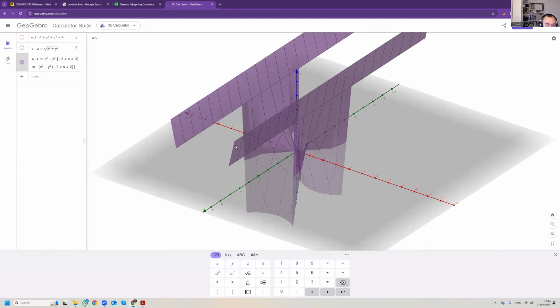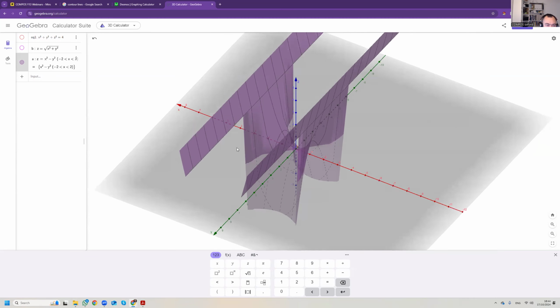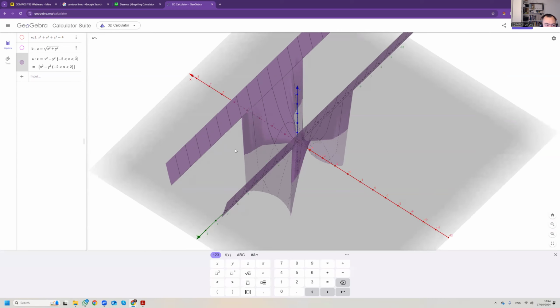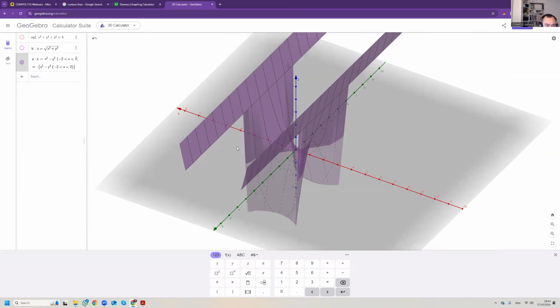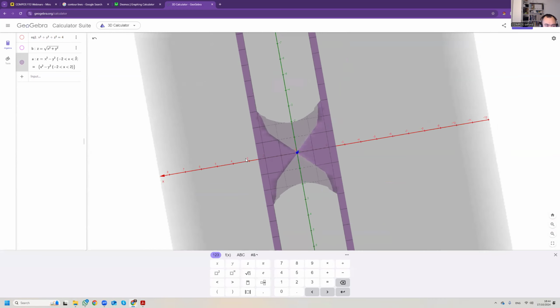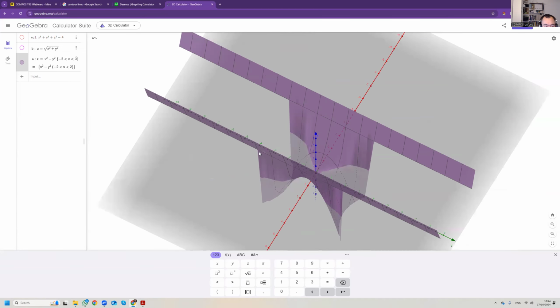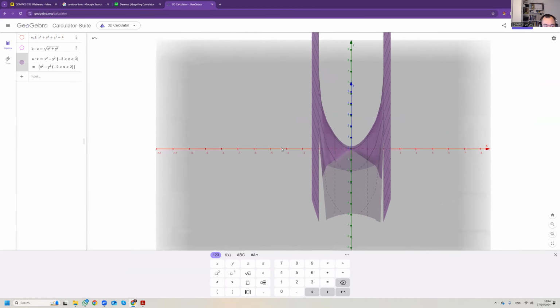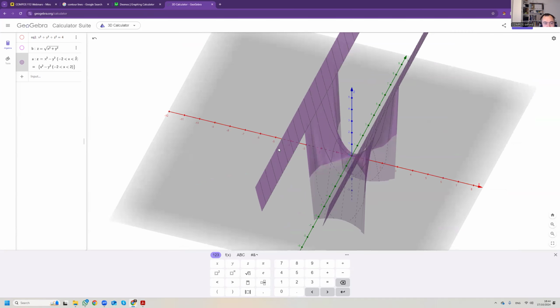And the interesting thing about the saddle is that it's made up of straight lines. Like, you can draw a straight line along the surface, going through the origin.